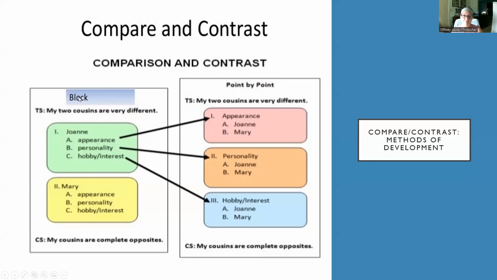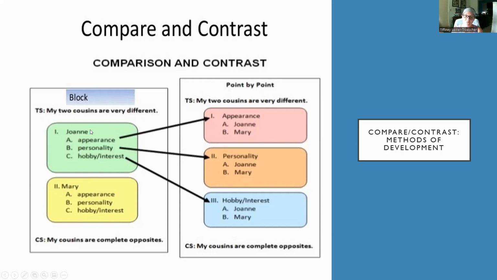So in this block version, this student talks about their cousin Joanne first. She talks about Joanne's appearance, Joanne's personality, and Joanne's hobbies and interests. Then she switches over and starts talking about her other cousin, Mary. And she talks about Mary's appearance, Mary's personality, and Mary's hobbies and interests, right?